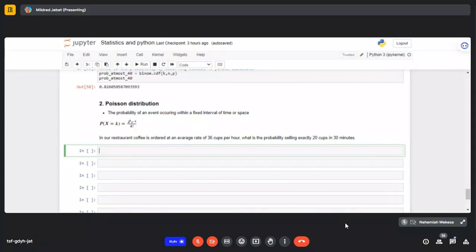You've understood the scenario? Yes. So here we want to calculate the probability. With the Poisson distribution, let's first import the function for Poisson.